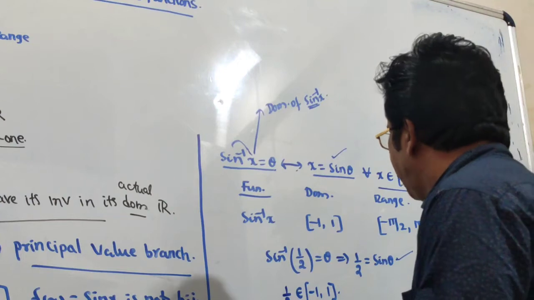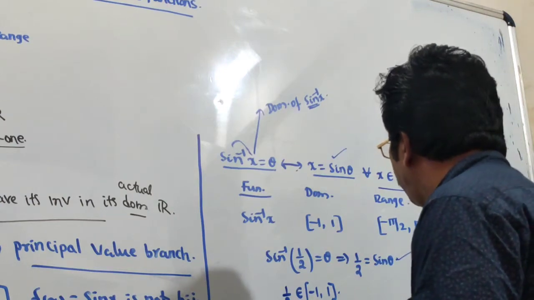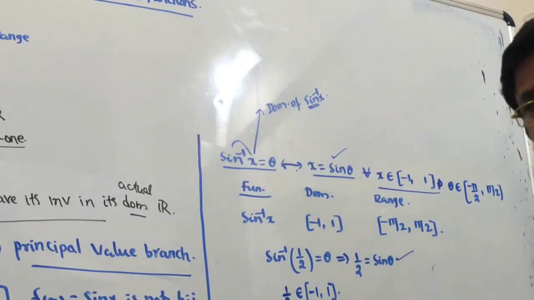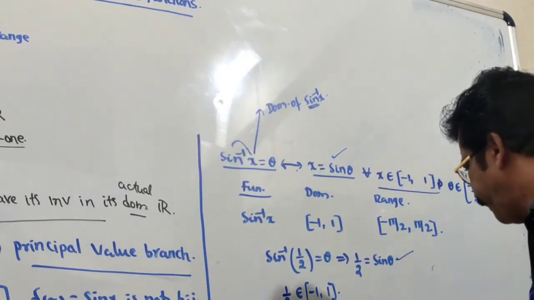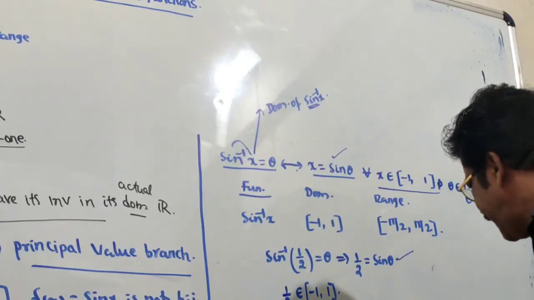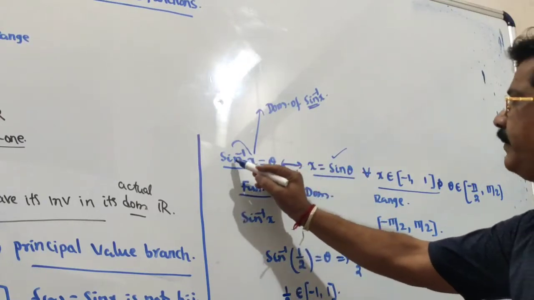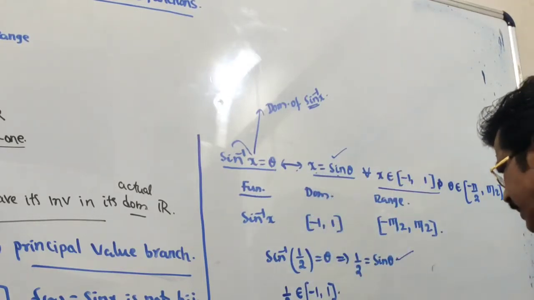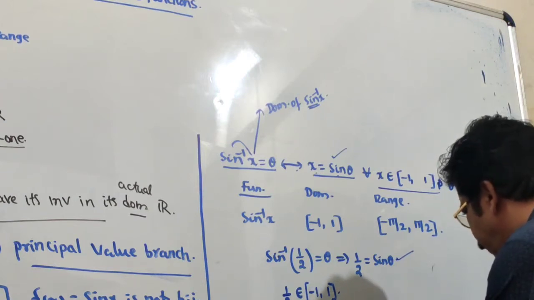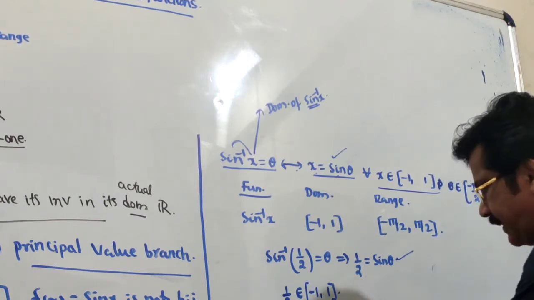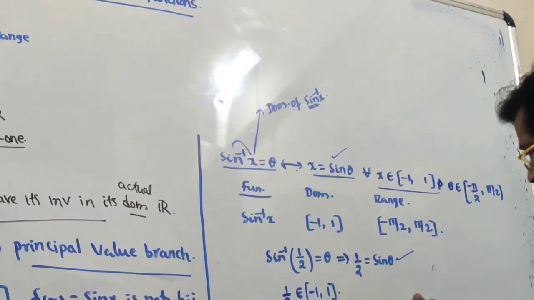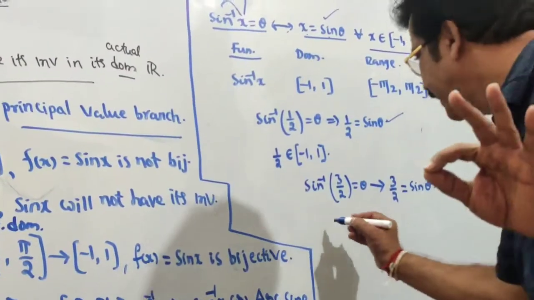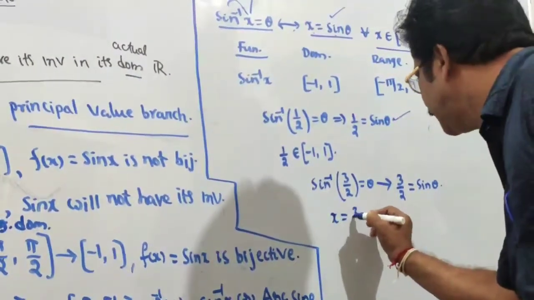Another example. For example, sine inverse of 3 by 2 is equal to theta. Habitually you may say, sir, you said if sine inverse x equal to theta, then x equal to sine theta, so we can write 3 by 2 equal to sine theta. No, don't write like that. Before writing 3 by 2 is equal to sine theta, you must verify here x is equal to 3 by 2.